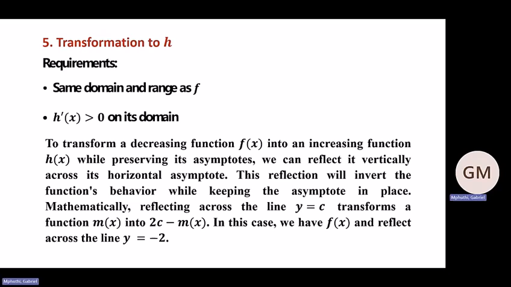Mathematically, reflecting across the line y equals c transforms a function m of x into 2c minus m of x. In this case, we have f of x, and we are reflecting across the line y equals minus 2.